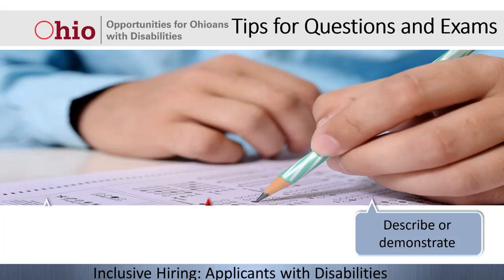For example, if an applicant has one arm and a task includes maneuvering bulky items from a cart to racks at various heights, you can ask the applicant to describe or demonstrate how he or she would perform this task with or without a reasonable accommodation. If the applicant states they could perform this task with a reasonable accommodation, you must either provide the accommodation for the applicant to demonstrate the task or allow the applicant to describe how they would perform the task with the accommodation.